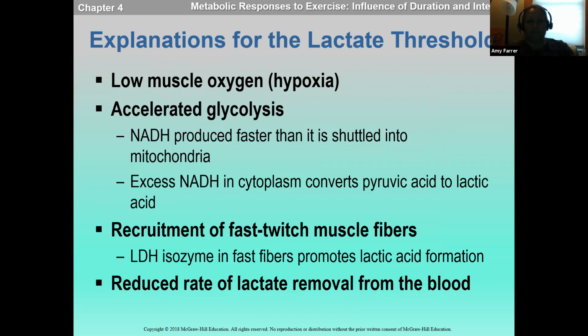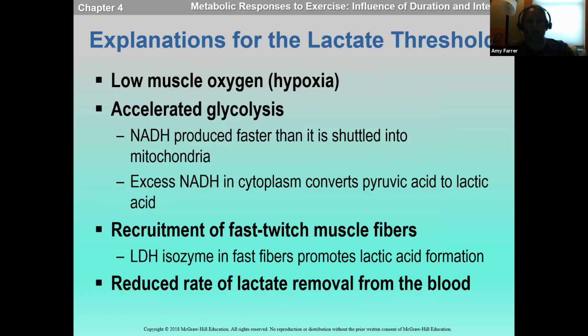So what happens? Explanations for that lactate threshold. Slow muscle oxygen, hypoxia. What happens is we start to accelerate glycolysis, so we are going to produce that NADH faster than we can get it into the mitochondria. If that NADH is just sitting out in the cytoplasm, it's going to convert pyruvic acid to lactic acid.